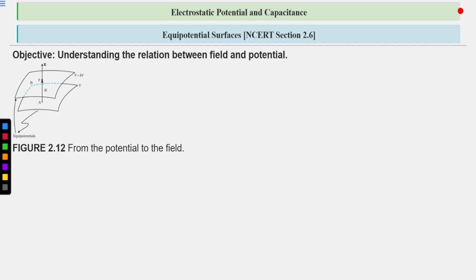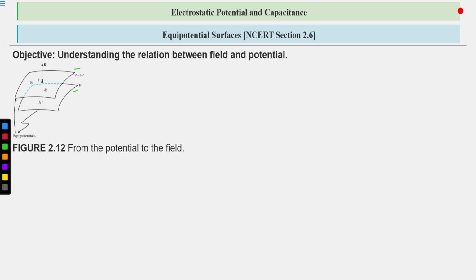Okay, now our last topic, and it is also a very important topic: understanding the relation between the field and potential. This will help you in solving many numericals. Numericals based on these topics are also very important. So we will assume these two equipotential surfaces, A and B. A has potential V and B has potential V plus delta V, somewhat higher than this potential.